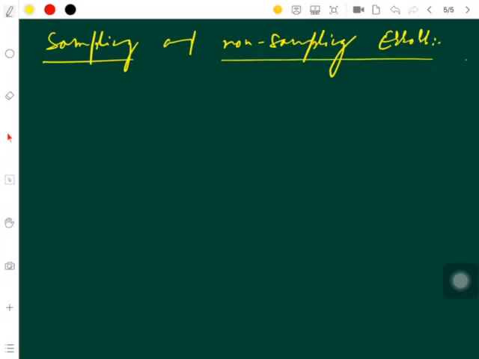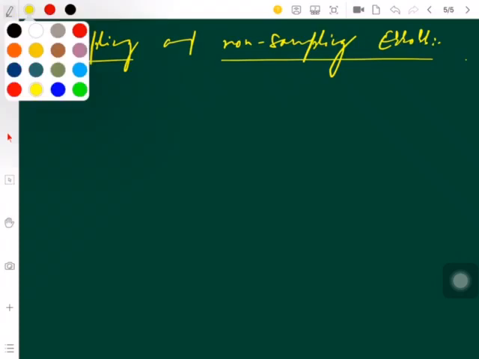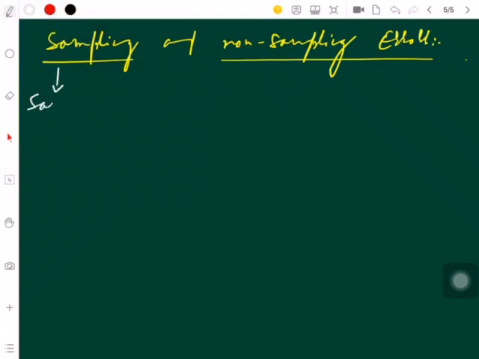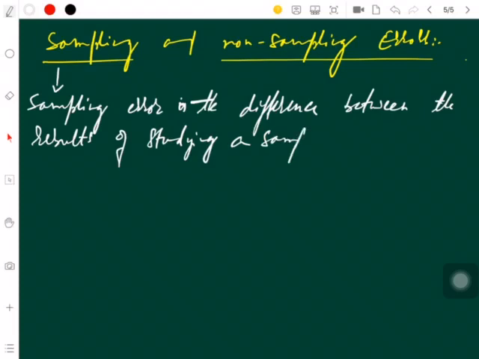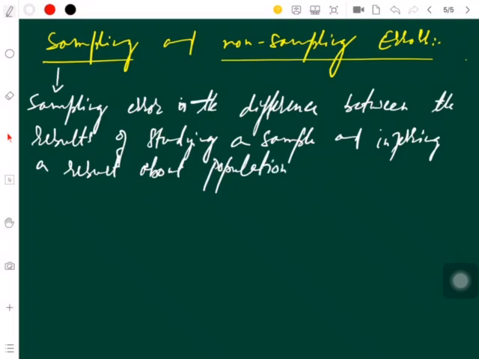So when we say sampling and non-sampling errors, sampling error is the difference between the results of studying a sample and inferring a result about the population.